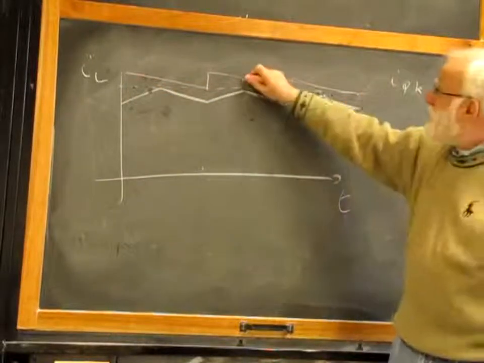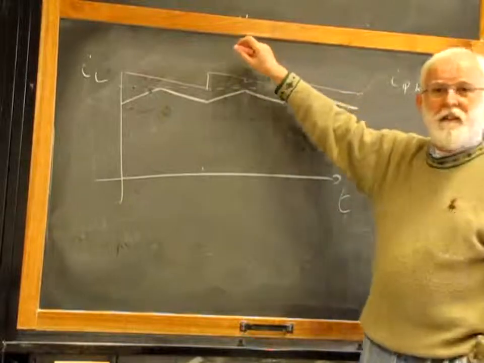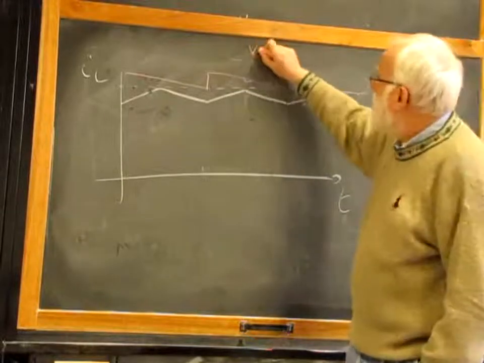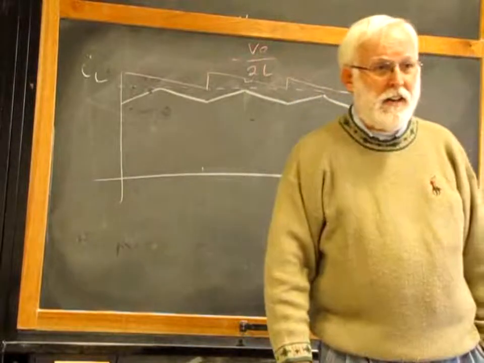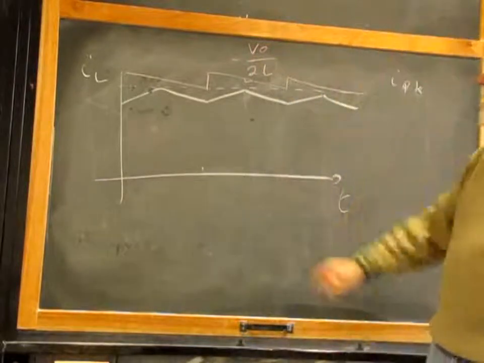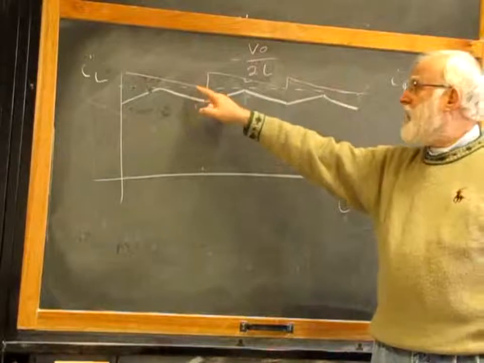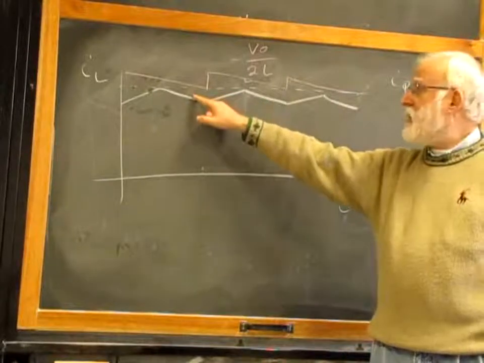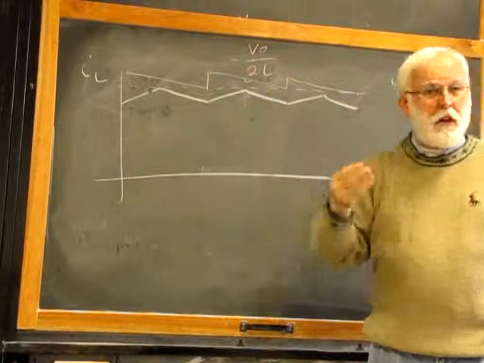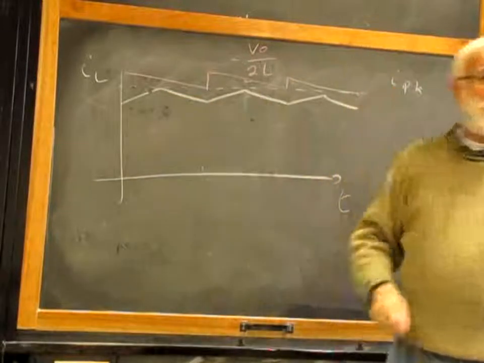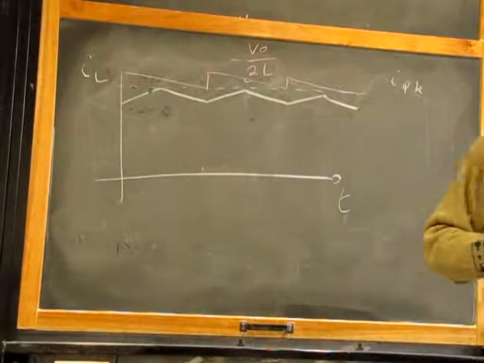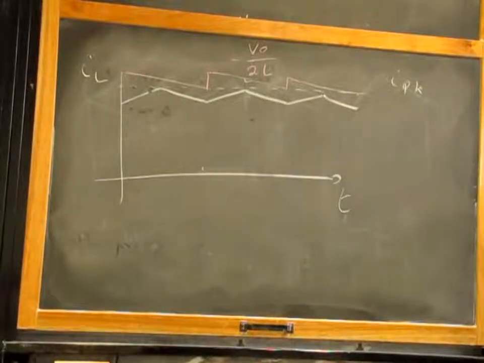And we learned that this slope must be minus V over L, negative V over L. Obviously we don't compare the actual inductor current with our inductor current reference. We compare voltages, so this curve will be multiplied by RS, by the sensing coefficient in the equation. But that was the basic idea.